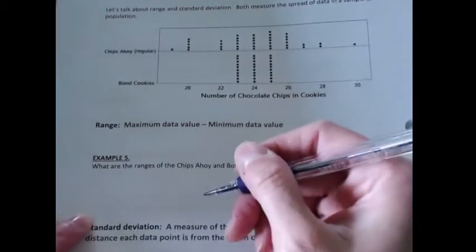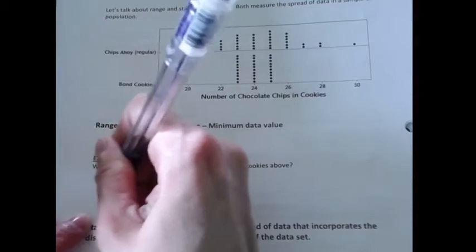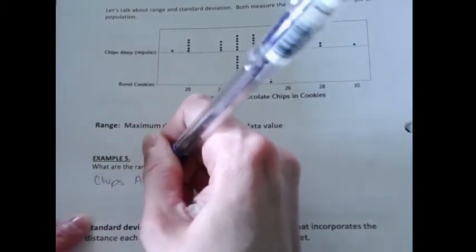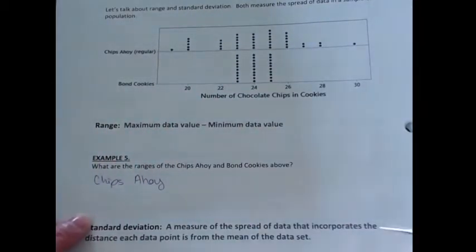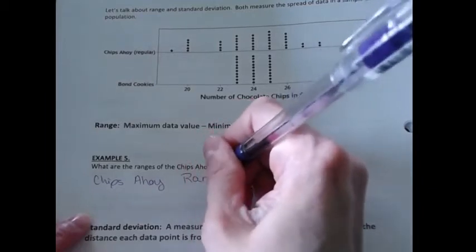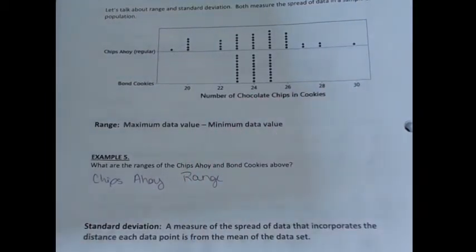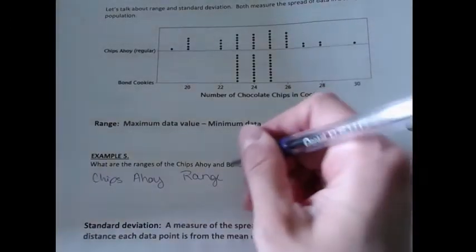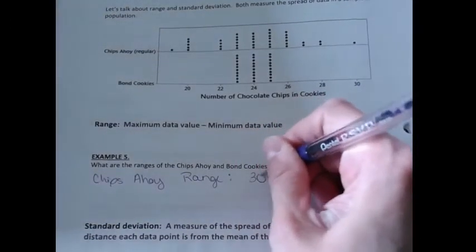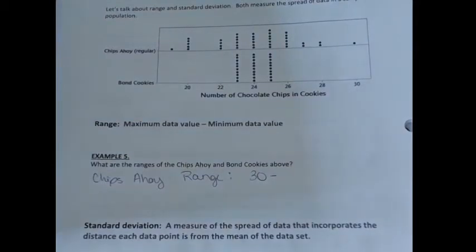So we're going to start with Chips Ahoy. So let's go ahead and write Chips Ahoy. And to determine the range, we're going to take the cookie with the greatest number of chocolate chips, and that is 30 chocolate chips. And we're going to subtract the cookie with the smallest number of chocolate chips, and that is 19.